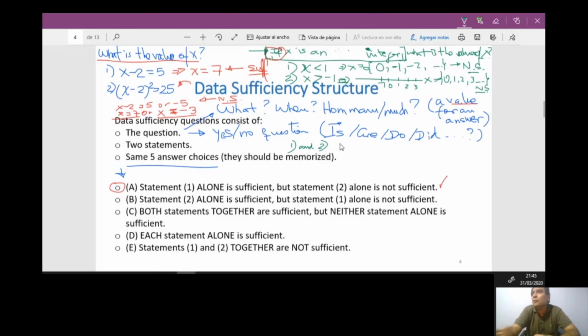What happens if we combine the information in the two statements? We have an integer number, x, that is less than 1, and at the same time is greater than -1. Do you know any integer that complies with these two conditions? What would that be?